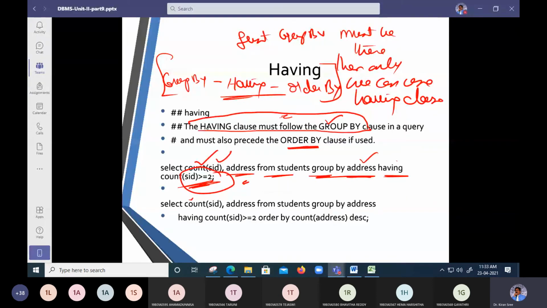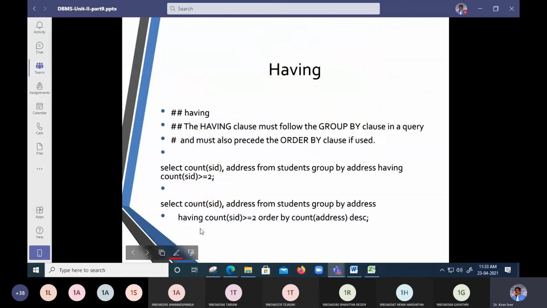what is the condition? We need a select command, and this select command should have conditions. One, it is going to have group by. Two, it is going to have having.